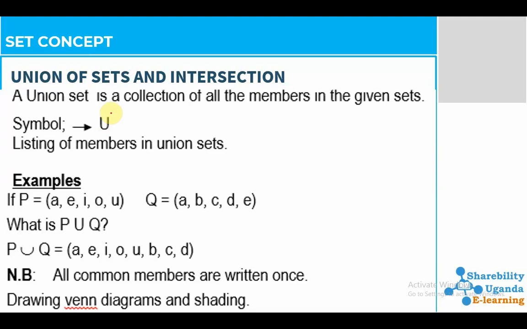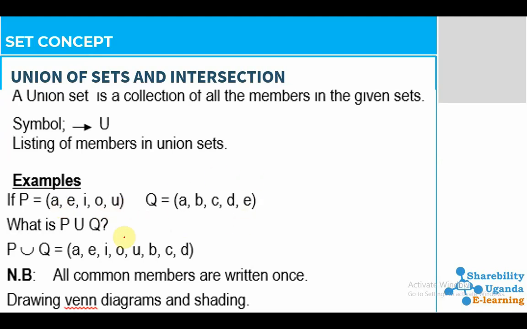Now, go back here. When they are saying a union of set is a collection of all members in a given what? In a given set. A collection of all members. That means we shall be able to bring these members and these members together and make a union set. So here they are saying what is P union Q. They want the union of these two sets, this one and this one.